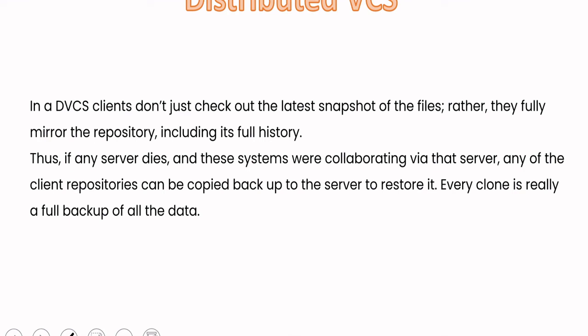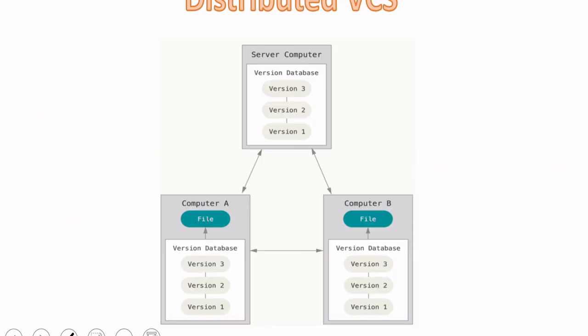If any server fails, a copy is available with all the developers. That means whatever the copy available with the developers, you can include that one in the server. Let's look at the diagram. This is the server computer. In the server computer, I had 2 versions and developer 1 has taken the copy of that.